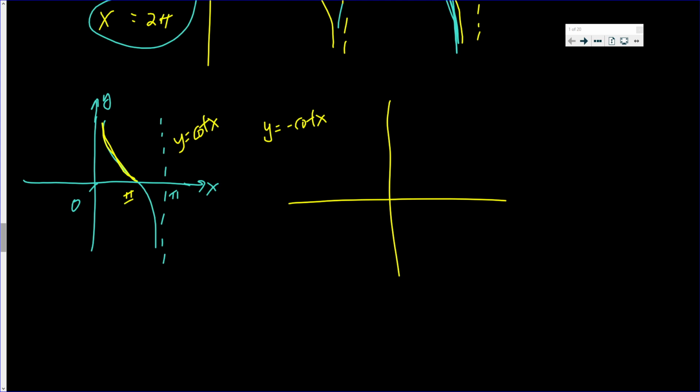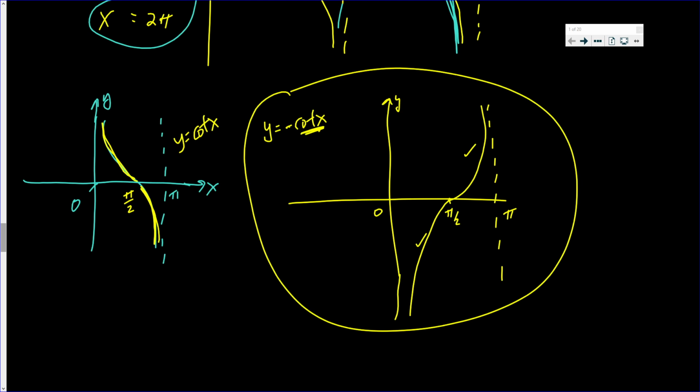Now this is pi over 2. You're going to be down here, and it's going to go all the way up to pi, the graph from 0 to pi. Between pi over 2 and pi, cotangent x is negative. Well, if cotangent x is negative, and you put a negative in front of it, it's going to be positive. And what this is basically saying to us is that the negative cotangent graph goes that way.